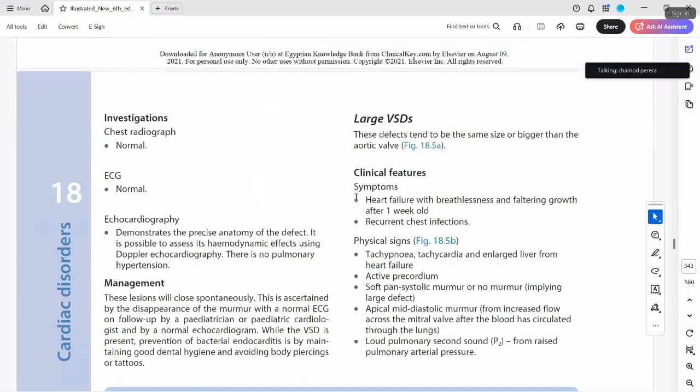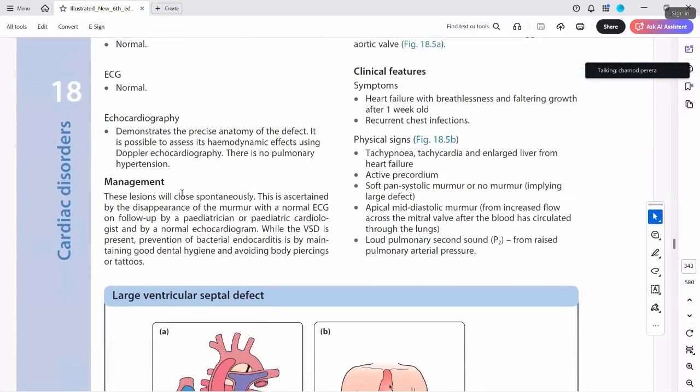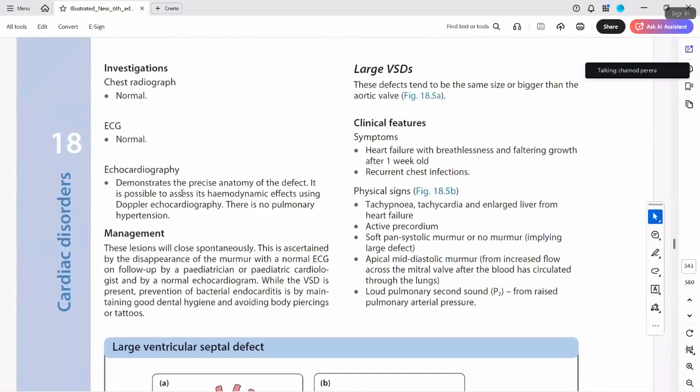Most of the time, especially if the VSD is in the muscular part, it will close spontaneously, right? And the murmur will also disappear with time. But if it is a large VSD or a perimembranous VSD, it is unlikely to close spontaneously. At those instances, they will need an intervention, right?